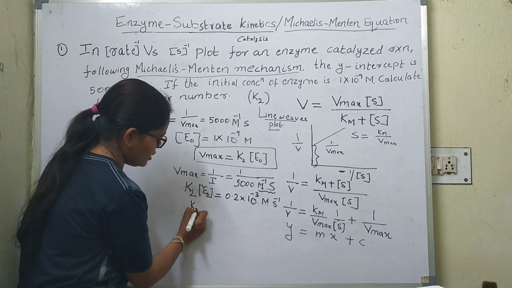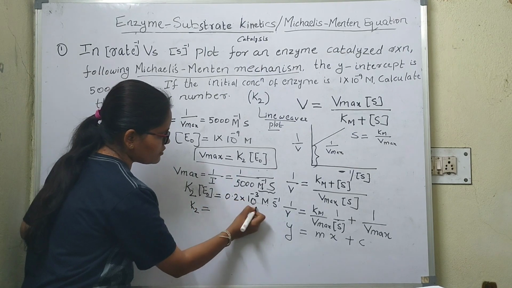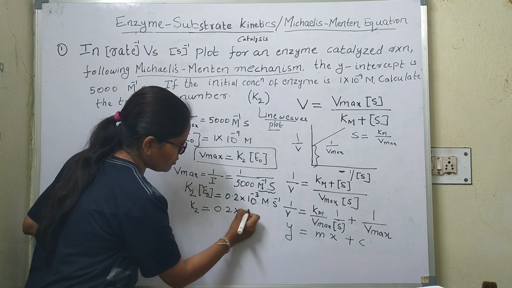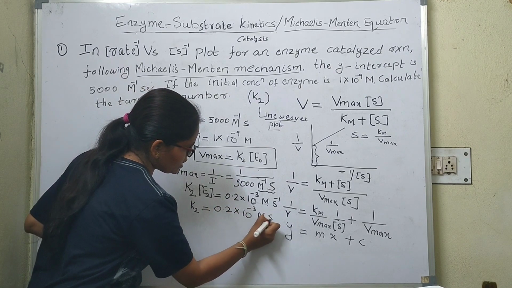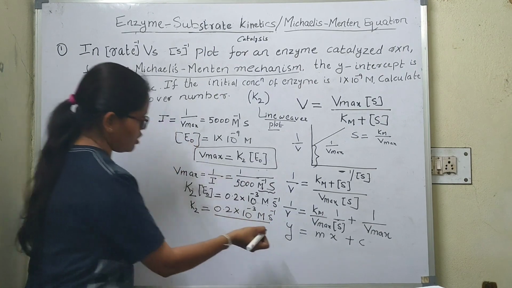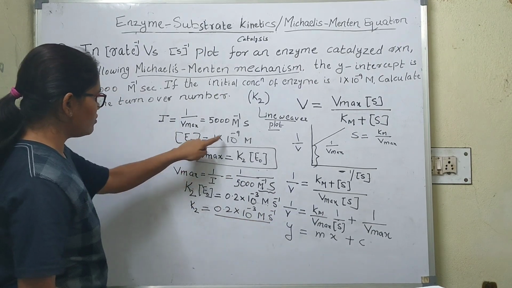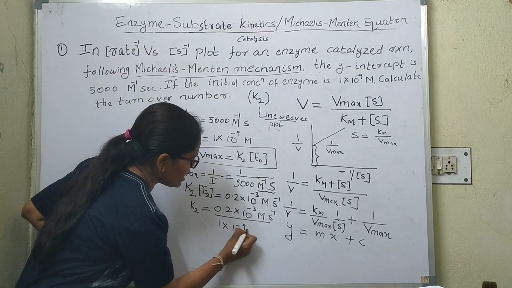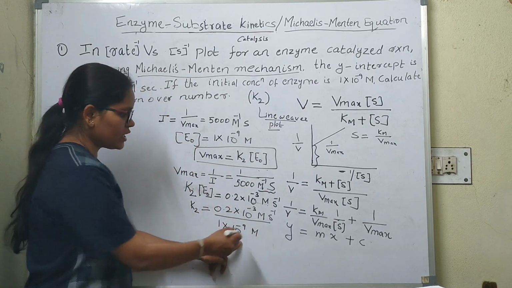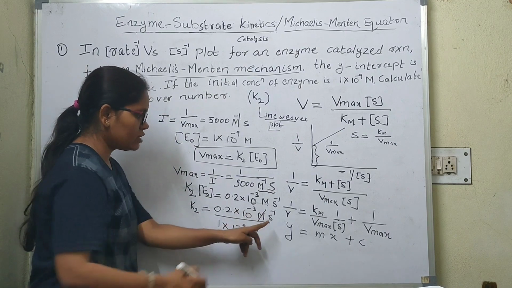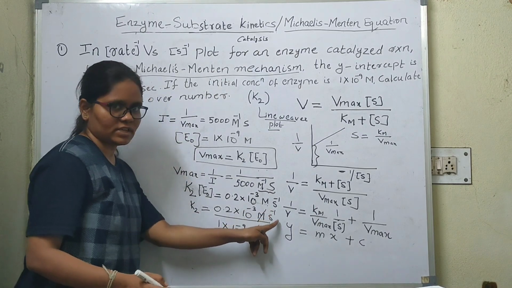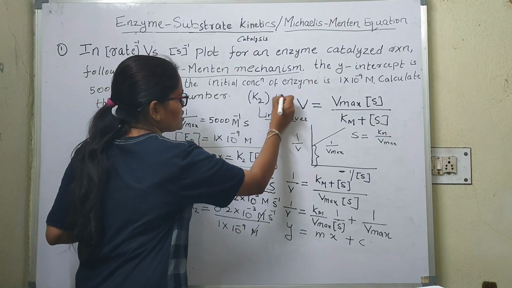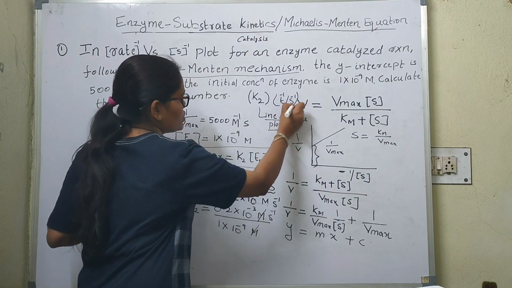So K2 will be Vmax by E0: 0.2 into 10 power minus 3 molar second inverse, divided by E0, which is 1 into 10 power minus 9 molar. Here we can cancel the molar, and we will be left with the unit of second inverse. The unit of K2 is always time inverse; here it is second inverse.